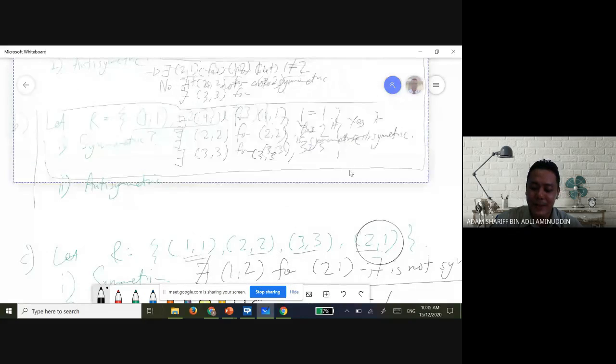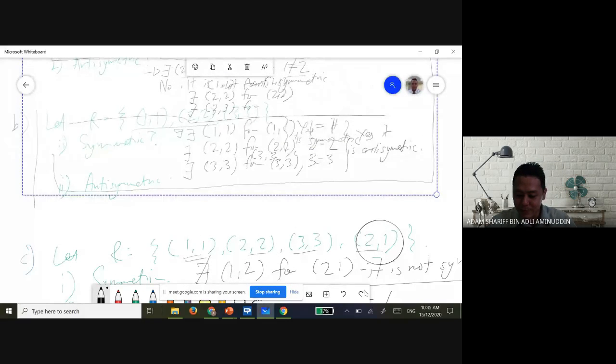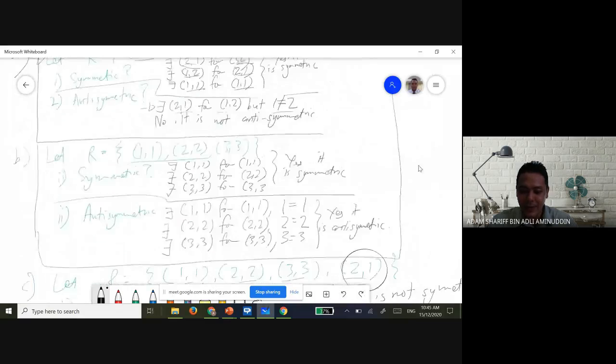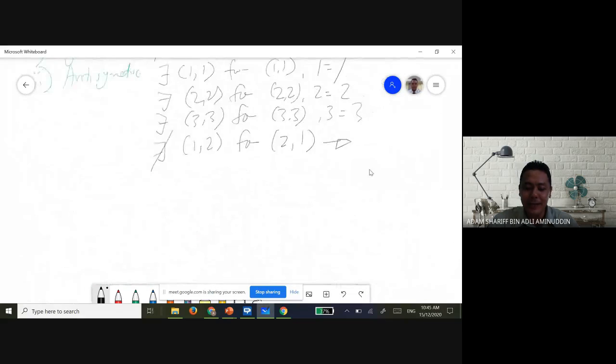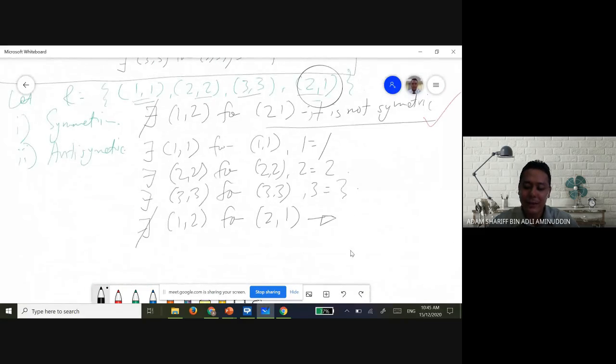So for this case, alamak, undo. Okay, for this case, for 2, 1, no need to check. Atau we really don't care whether 1 is equal to 2 or not.